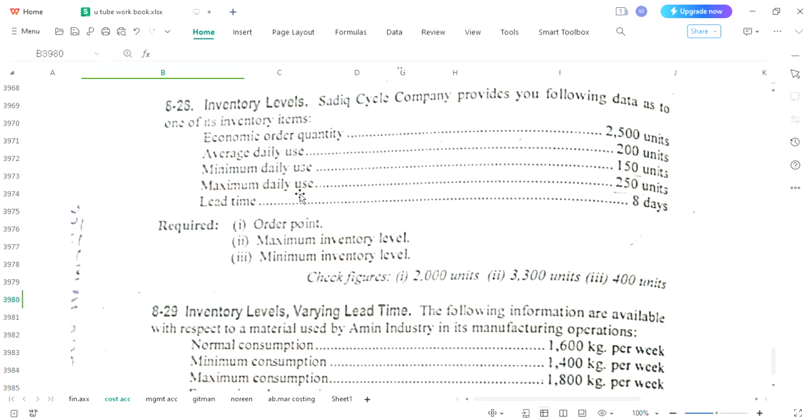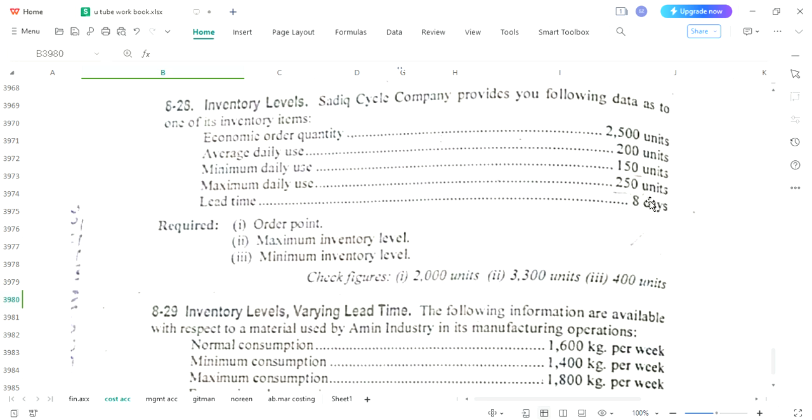Obviously you would not accept this, because months and days are not matched. So please make a good room in your brain: requirement time and lead time should be similar.